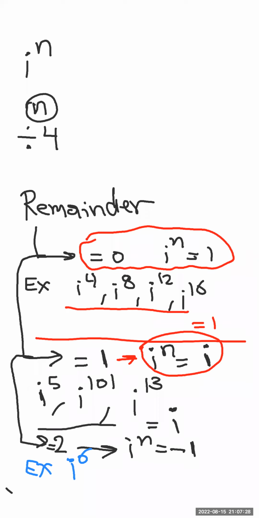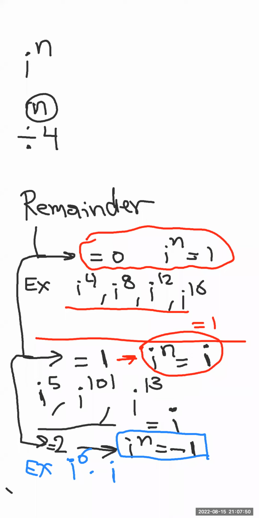Now divide 6 by 4 using the calculator. 6 divided by 4 equals 1 point something. Now 1 times 4 equals 4. Then the remainder out of 6 will be 2. So i to the power 6 will equal -1 because the remainder is 2.